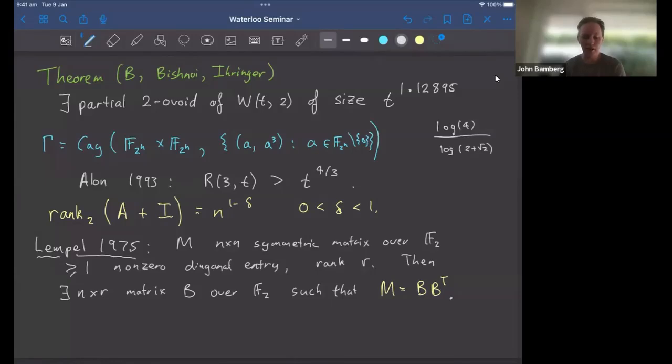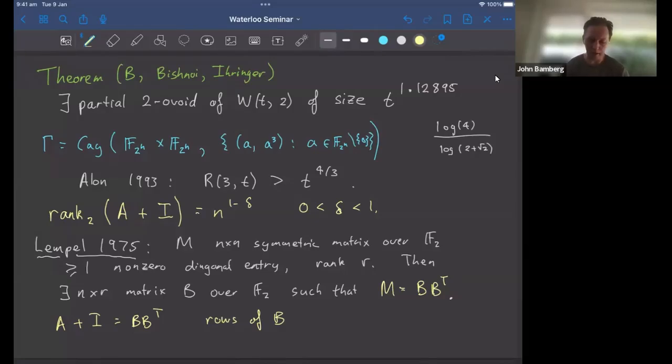Now, what you do is you write this matrix that we had above as B B transpose, because you can, due to this theorem. And then you take the rows of B, remember it has rank R, it's an n by R matrix. And so you get an embedding of your graph, essentially, via this correspondence, inside of a vector space of dimension, well, I should say the complementary 2 rank.